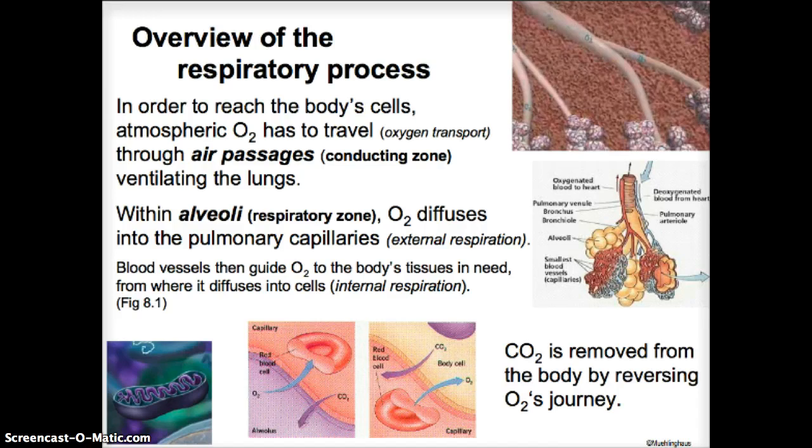And the oxygen moving from the lungs into the blood is called external respiration, because when the blood then travels through the tissues in need, it diffuses from the blood into the cell, and that's known as internal respiration. And carbon dioxide is removed from the body in the same reversing process, with the same pathway, basically.